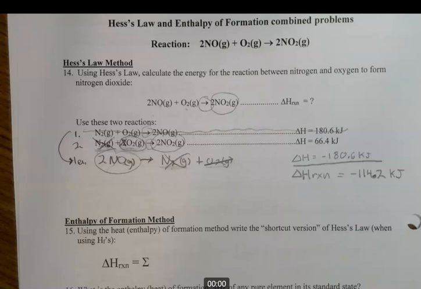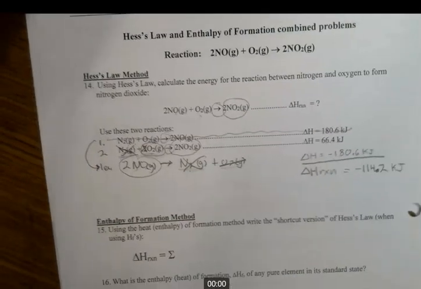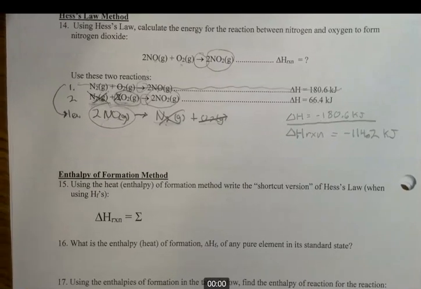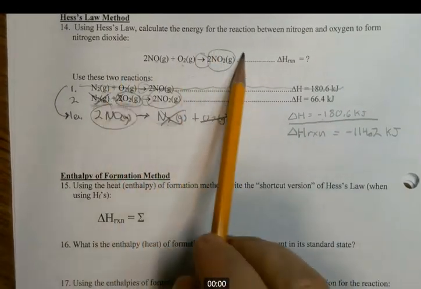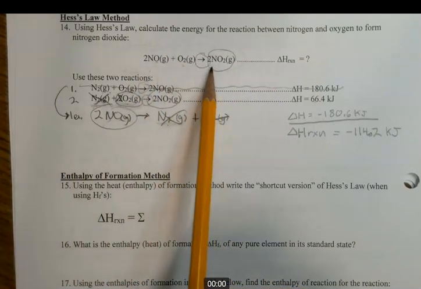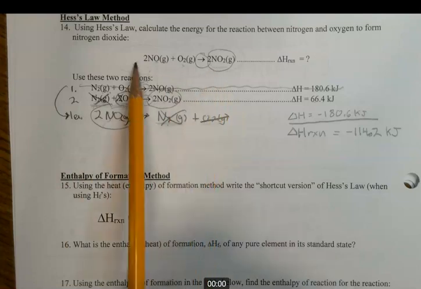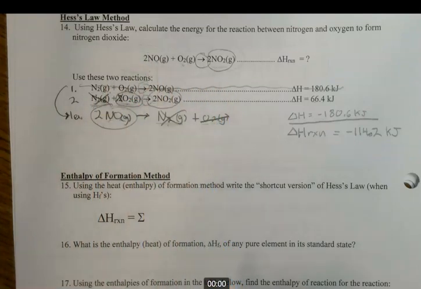All right. Now, let's go ahead and figure out the delta H of reaction using the enthalpy of formation method. So again, all we need for that is just the original equation up here. And so we have the enthalpies of the products minus the enthalpies of the reactants there. So I'm going to write the formula again.